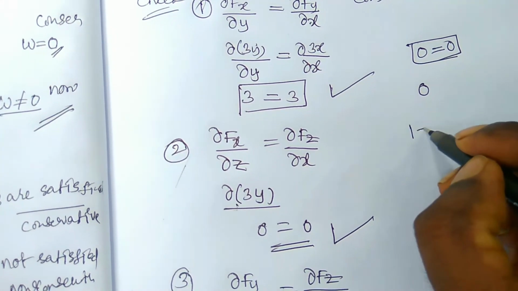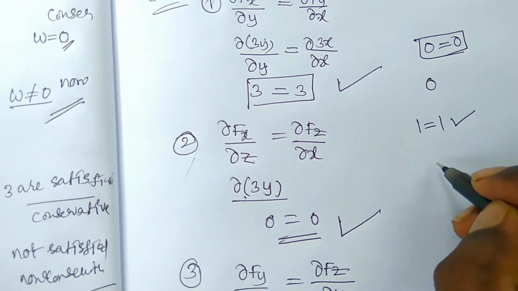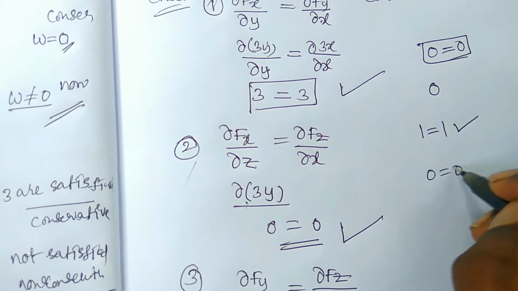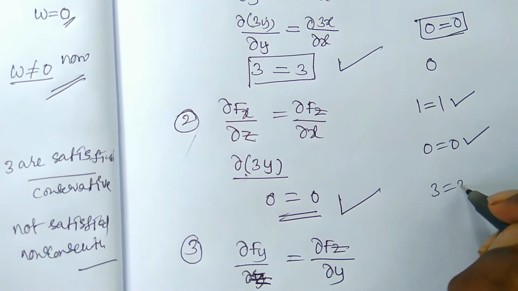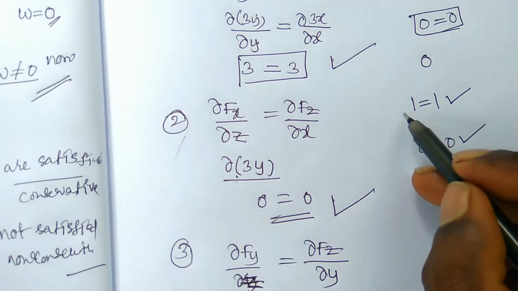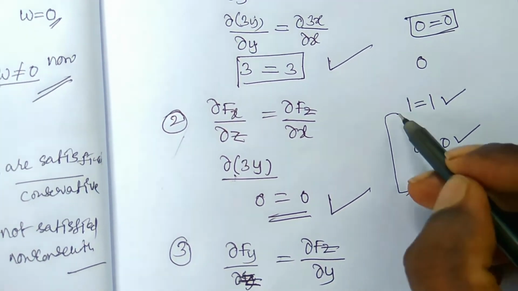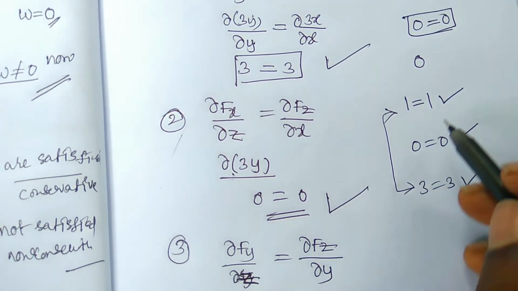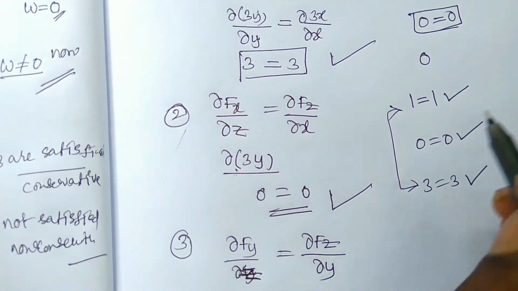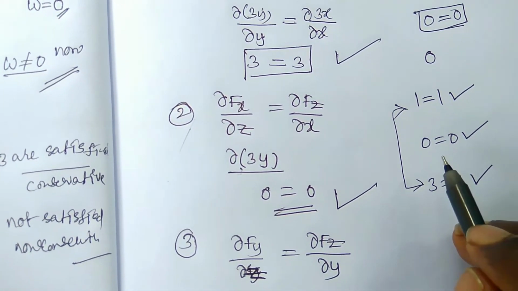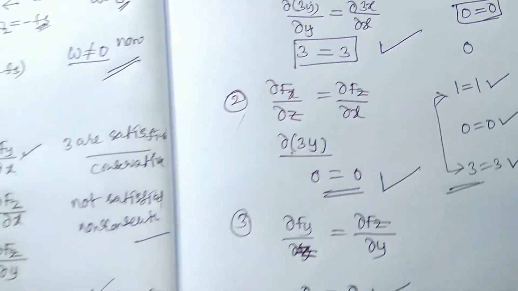In the first condition 1 is equal to 1, this is satisfied. In the second condition 0 is equal to 0, this is also satisfied. And in the third condition 3 is equal to 3, this is also satisfied. These three are called conservative forces. So there is no need for all of them to be zeros, or all 1 equal to 1, or all 3 equal to 3. Okay. So this is the point you have to remember.